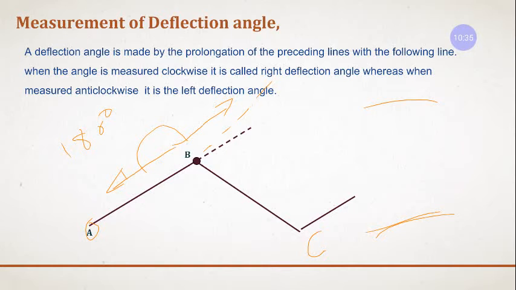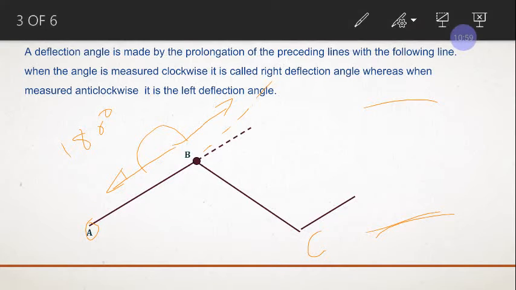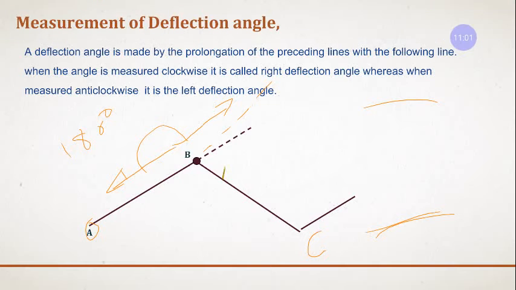Before turning the telescope, you're going to tighten the lower clamp of the theodolite and loosen the upper clamp so that you can read the reading there. As I said, the angle is 0 before starting the turning of the telescope. Once you loosen the upper clamp, you're going to turn the telescope in the direction of C, and that will give you an angle.